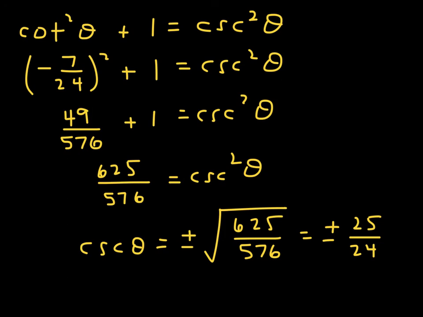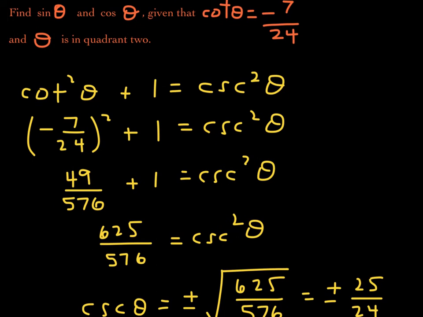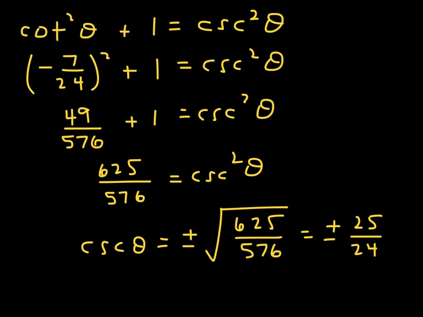Well, let me scroll back up here. Look at the instructions. It said that theta is in quadrant 2. And in quadrant 2, cosecant along with sine is positive. So we're going to go ahead and take the positive root because we're in quadrant 2. So cosecant of theta is equal to positive 25 over 24.